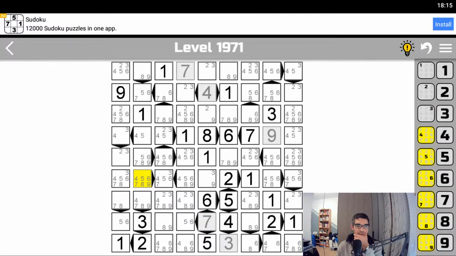So let me see if I can somehow get another guess. So let's go for a 4 here. If this is a 4, suppose this is a 5. So 5, well, that doesn't really give me much, other than this one has to be a 3. So this has to be a 9.